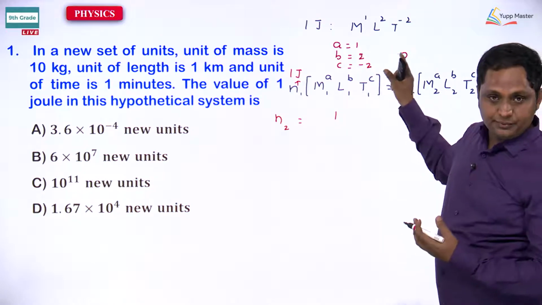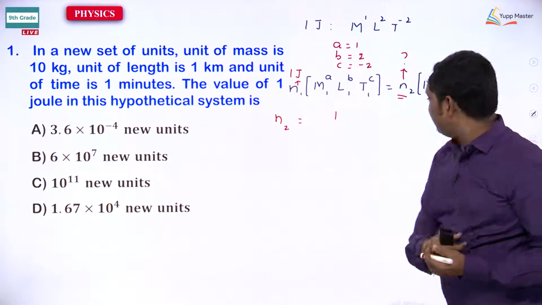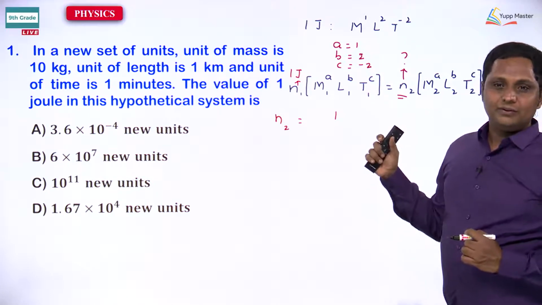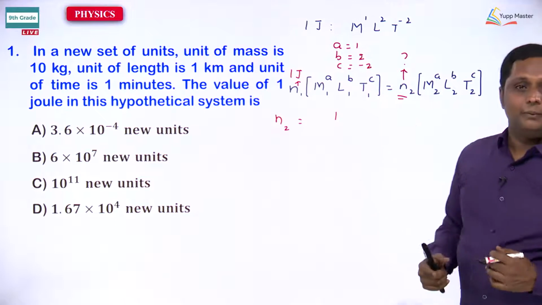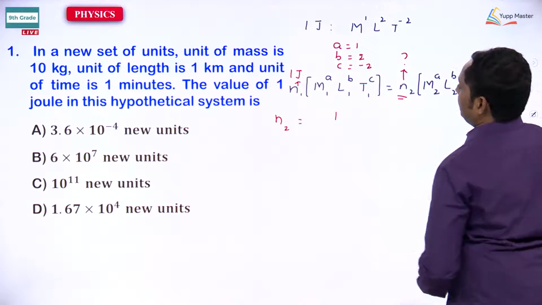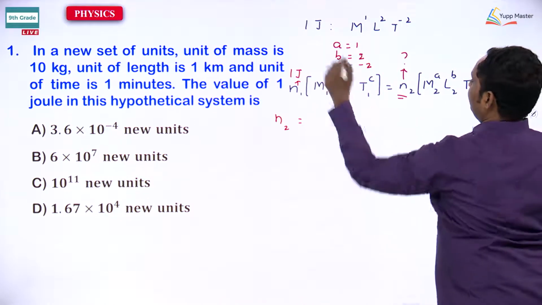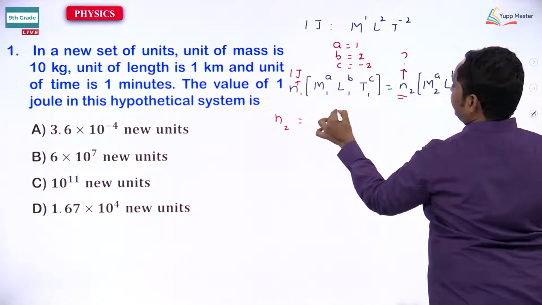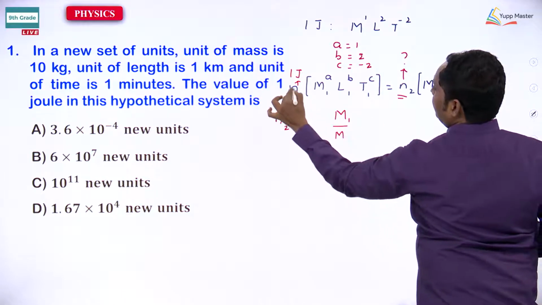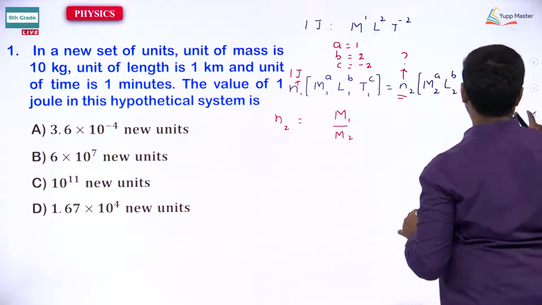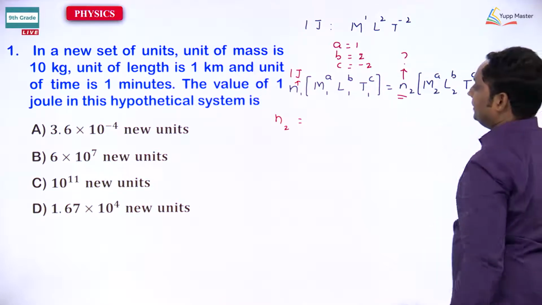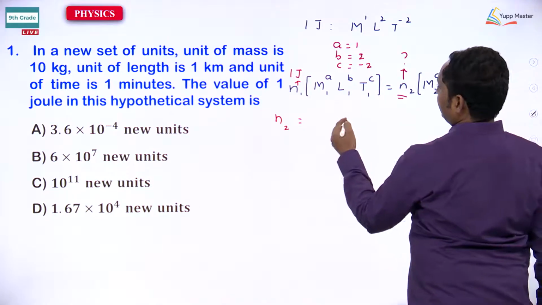We have to see whether the powers are positive or negative. Easily we can solve the problem by substitution: M1 by M2, here it is equal to 1 joule.